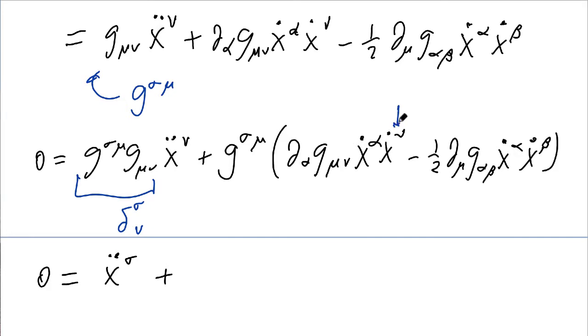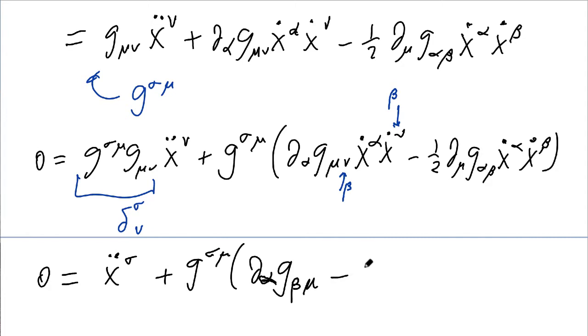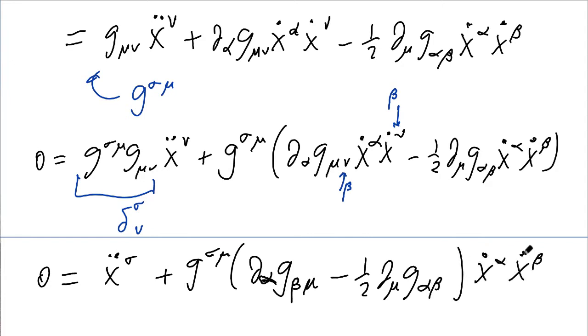So let's replace nu here and here with beta. So we have then g upper sigma mu partial alpha g beta mu, or actually g mu beta, but I can reverse the order of those indices if I like, because g is symmetric, minus 1/2 partial mu g alpha beta times x dot alpha x dot beta.